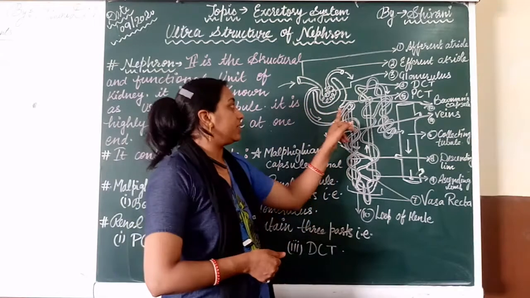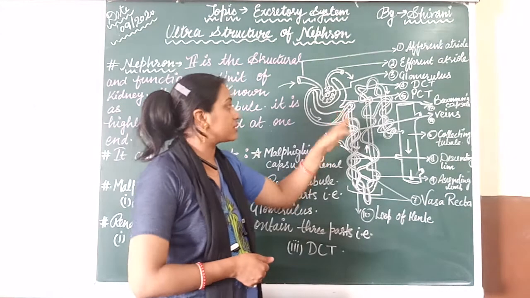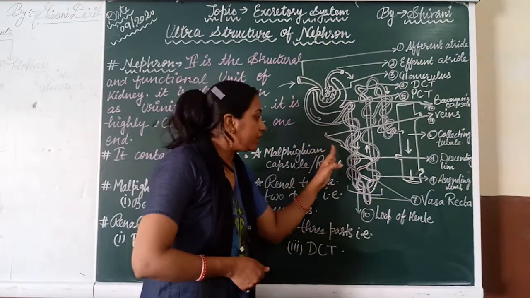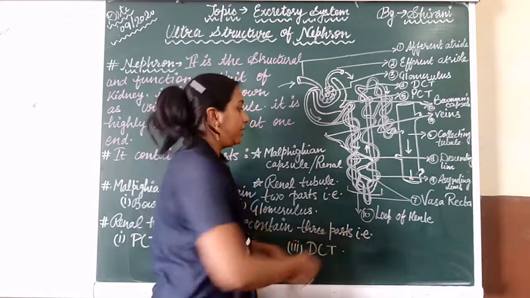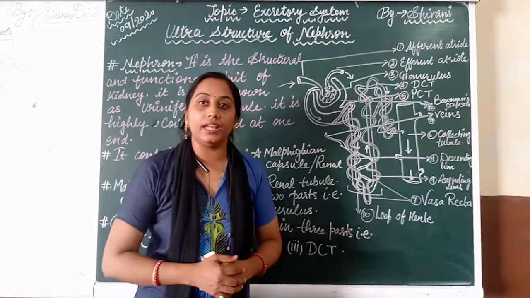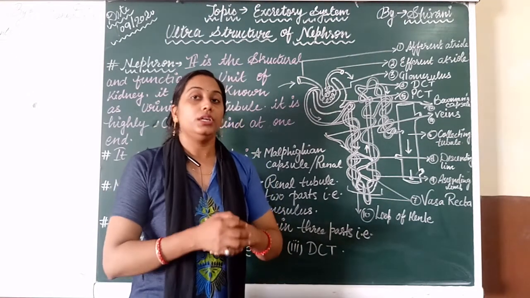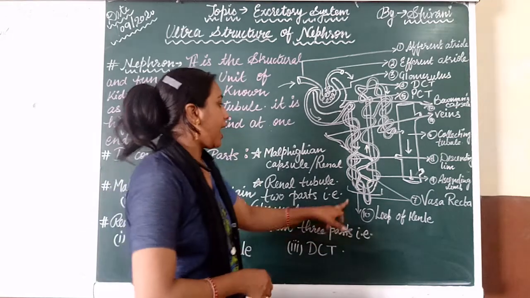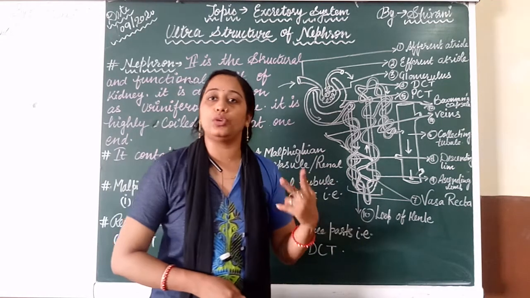Then after this, Bowman's capsule has a neck-like structure, and this neck descends down towards the loop of Henle. Loop of Henle is a U-shaped structure, and this loop of Henle has two limbs.